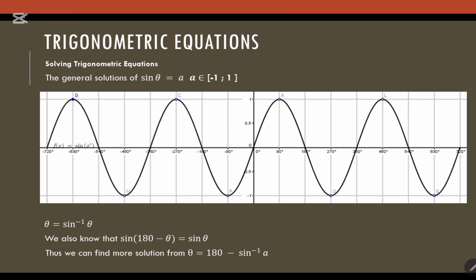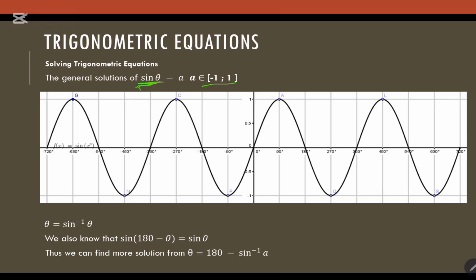So let's look at this. Solving trigonometric equations: the general solution of sine theta is equal to a, for a an element of [-1, 1]. Now, where is this -1 and 1 coming from? If you look at the sine graph here, it has an amplitude of 1.